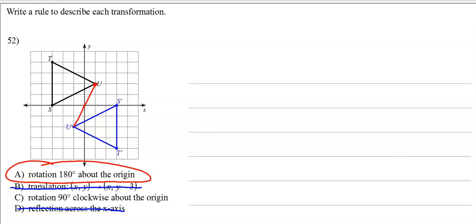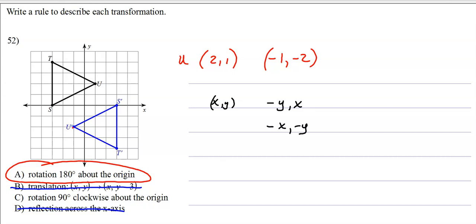If you really wanted to be hardcore, you could write down point U as 2, 1, and write down the new point at -1, -2, and then look through all the transformations to see which one it was. You've got all these XYs here that either do this, or this, or this, and you just have to see which one it was.